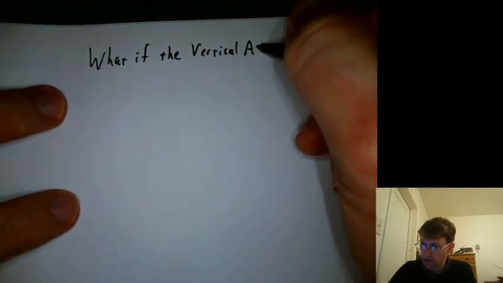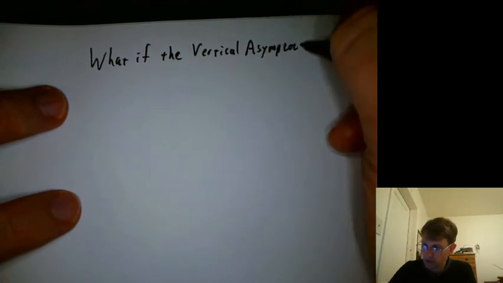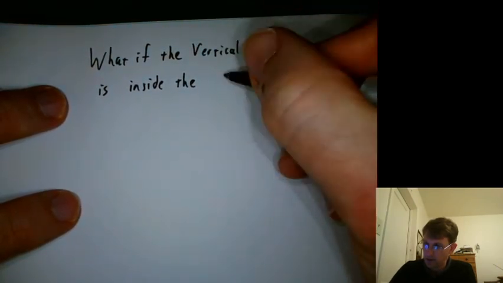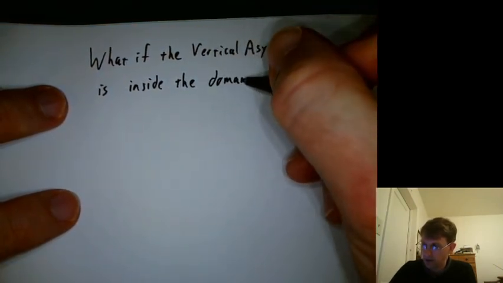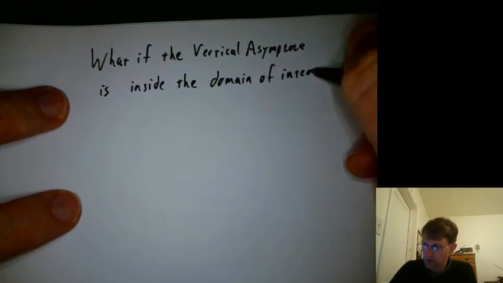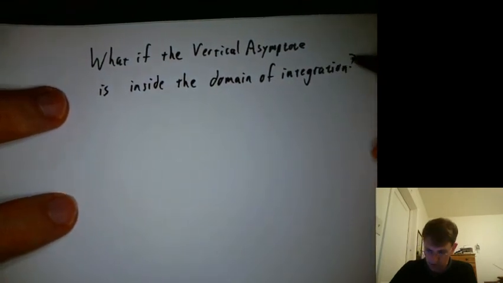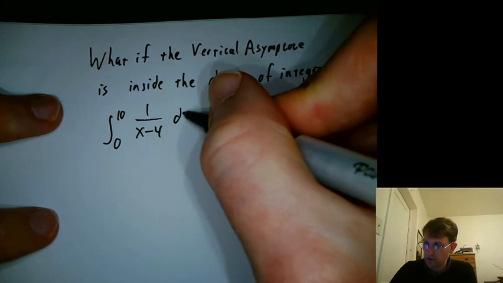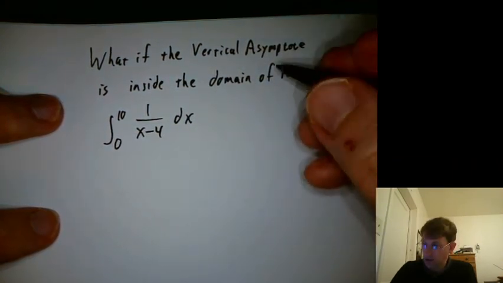One other little thing to wrap up there. What if you were integrating across a vertical asymptote, not just stopping at a vertical asymptote? So what if the vertical asymptote is inside the domain of integration? For example, if you had the integral from 0 to 10 of 1 over x minus 4 dx, the first thing I would do is graph it.